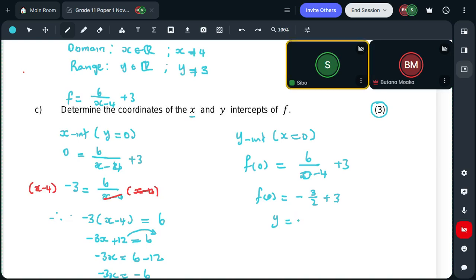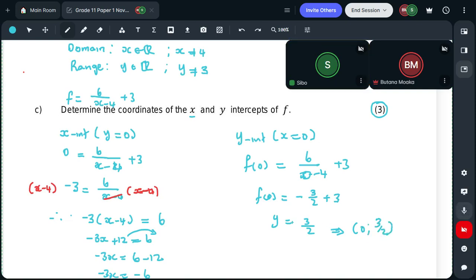I just got the answer as 3/2. You got? 3/2. Okay, 3 over 2. Therefore, the coordinates will be 0 and 3 over 2.